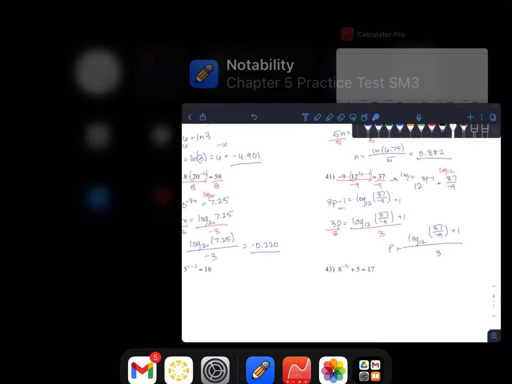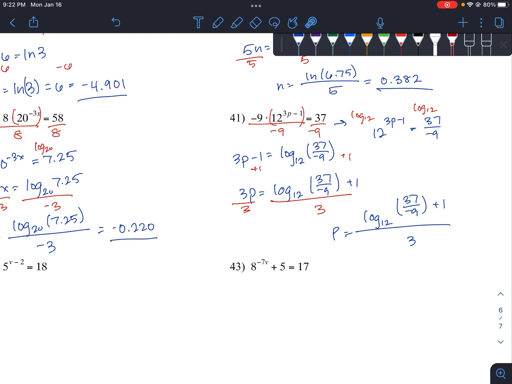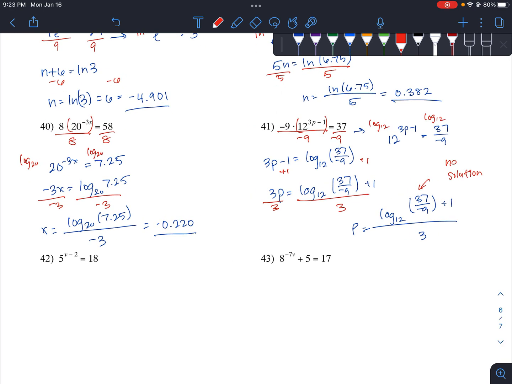And with logarithms, you can't use a negative number inside of a logarithmic expression. So honestly, we did way too much. But because of this, there's actually no solution. So keep that in mind. We went way farther than what we actually needed to go.